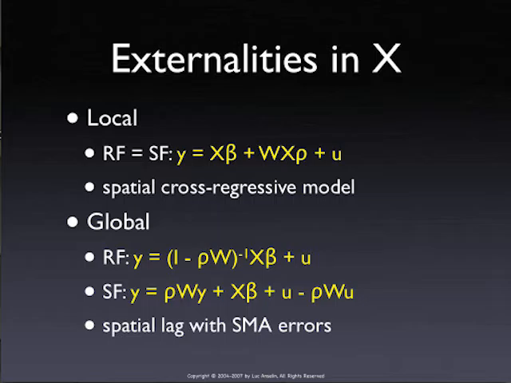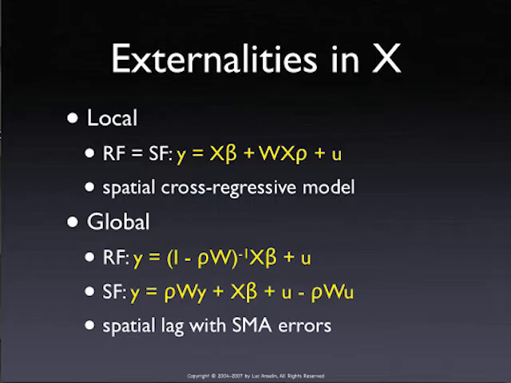Now, I've never used a model like this, but there are people who have, and there are substantive contexts where this is what you want. And so what I wanted to do with this paper is to show what the implications are for your model specification of particular types of externalities that you desire from a substantive point of view, from your model point of view.